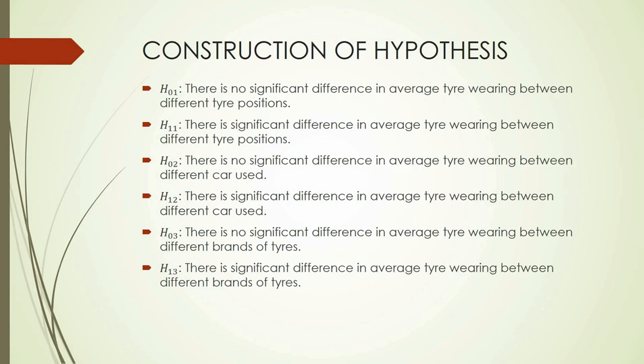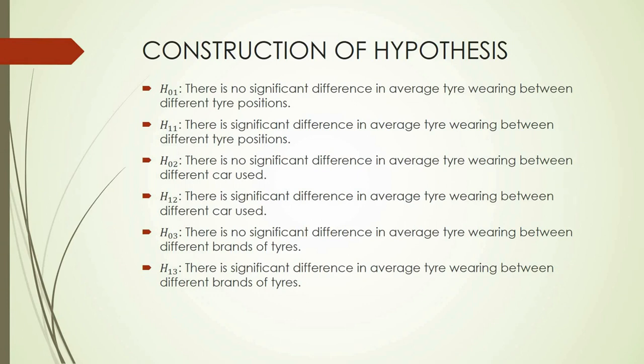Against it, the alternative hypothesis H11 says there is a significant difference in average tire wearing between different tire positions. H02, the second null hypothesis, says there is no significant difference in average tire wearing between different cars used. Against it, the alternative hypothesis says there is a significant difference, and so on.